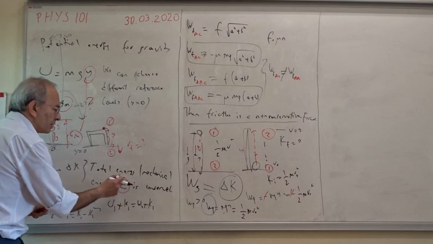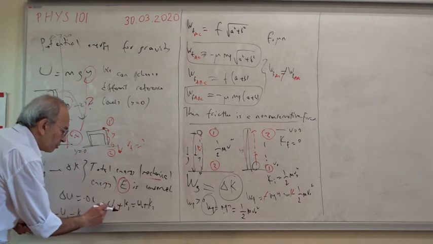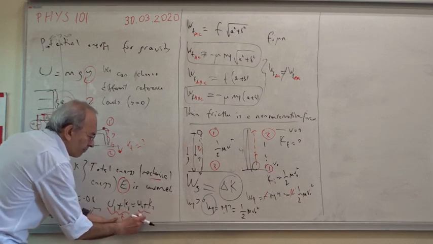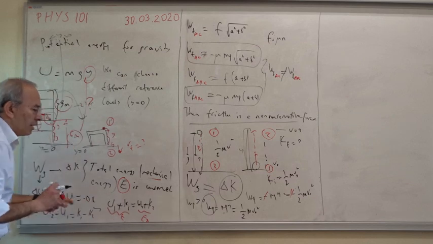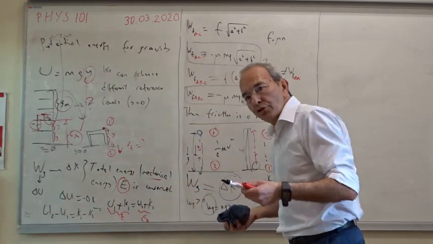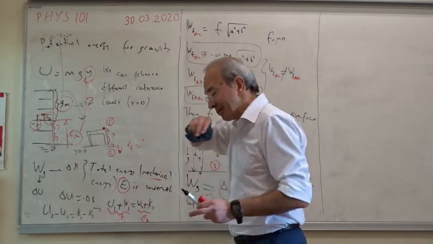But E, the capital letter E, is total mechanical energy. So this first sum is E1, this second sum is E2. So E, which is the sum of the potential and kinetic energy terms, is conserved. Conserved means its value doesn't change during the motion.